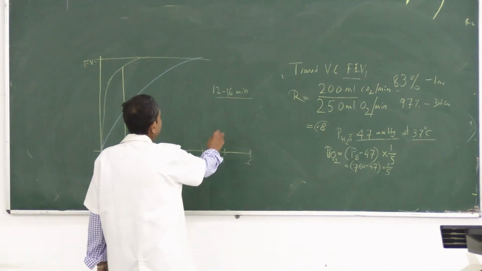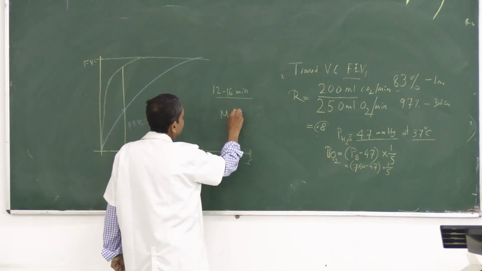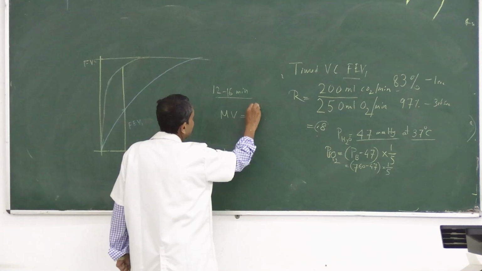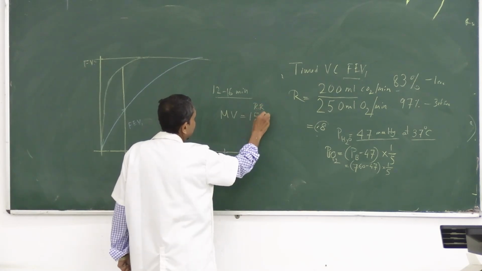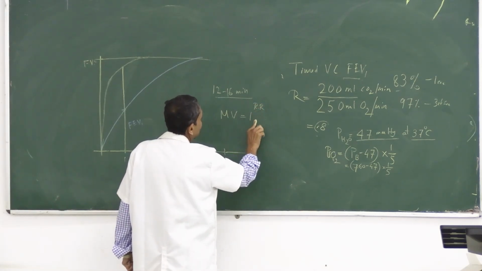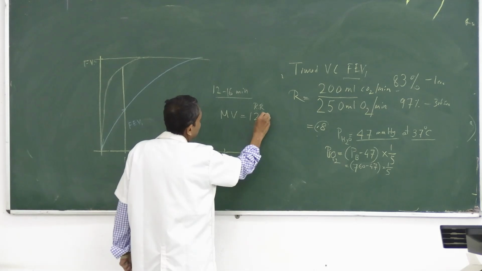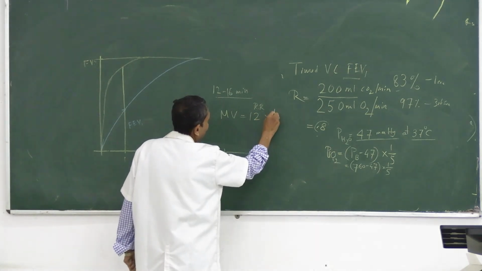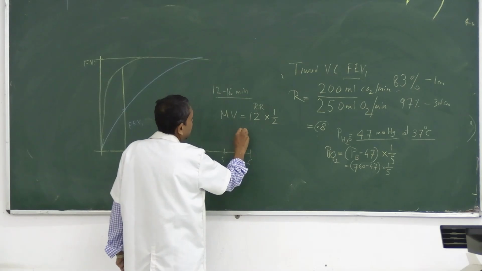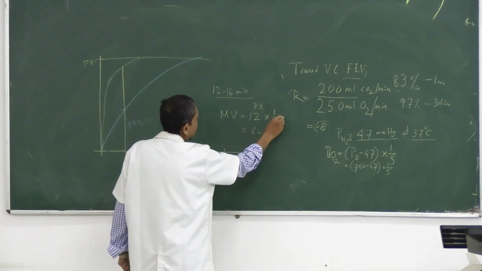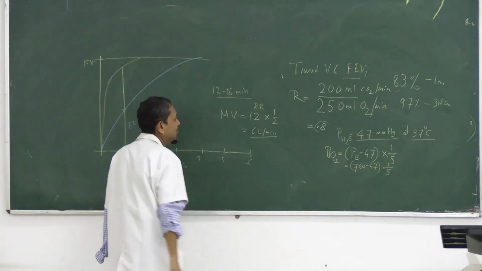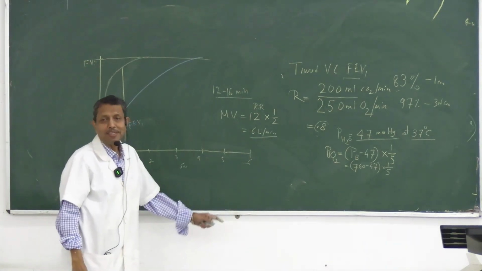Normally, what is the minute volume? Suppose it is 15 respiratory rate, or 12 respiratory rate per minute, and it is half liter tidal volume. That is 6 liter per minute. 6 to 8 liter per minute.